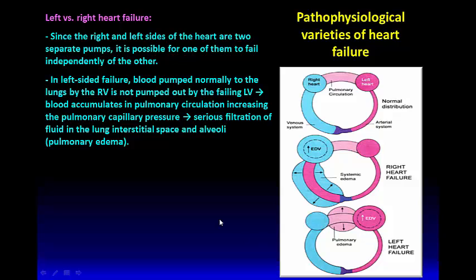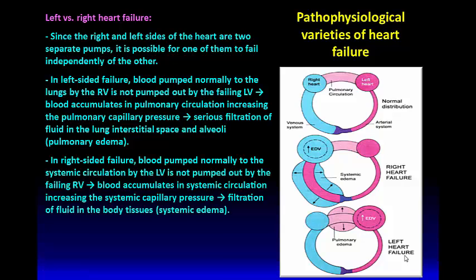This results in the accumulation of blood in the pulmonary circulation, hence increasing the pulmonary capillary pressure, and this results in serious filtration of fluid in the lung interstitial space and alveoli. This is the serious complication of pulmonary edema in left heart failure.